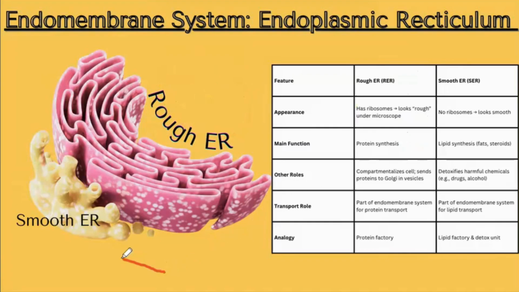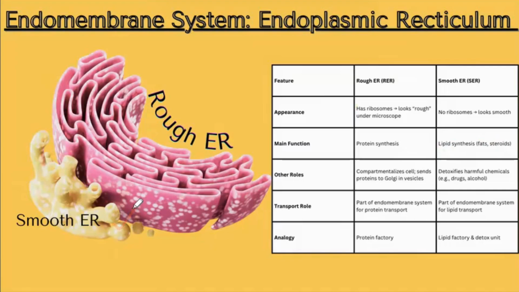Smooth ER, I want you to think of as lipid synthesis. Now, if you remember, we talked about fats and steroids. I want you to think about when we were talking about macromolecules and specifically that section of lipid synthesis. When you're thinking of lipids, you're thinking of oils or things that are smooth, and that helps you remember smooth ER.